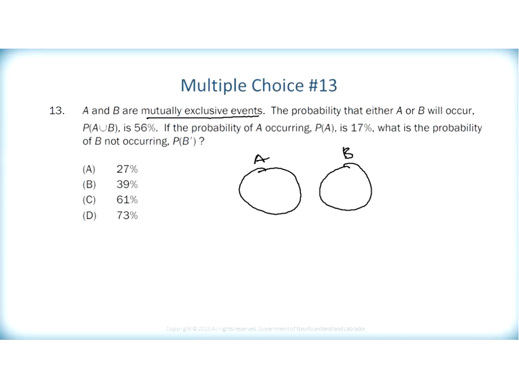And so if we have 56% in A union B, then that means 44% is on the outside.